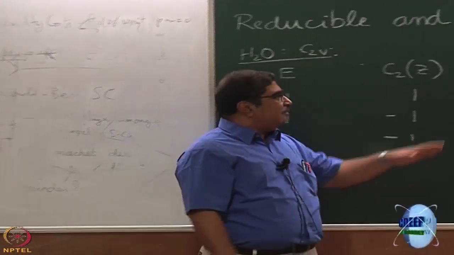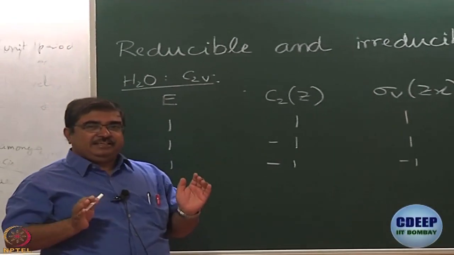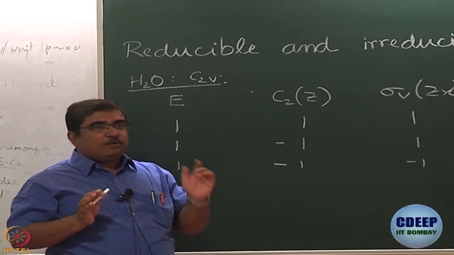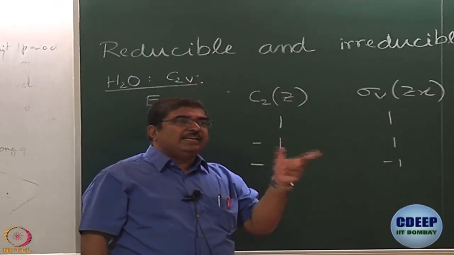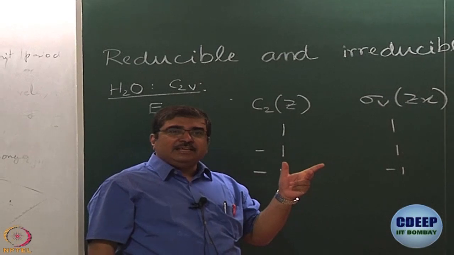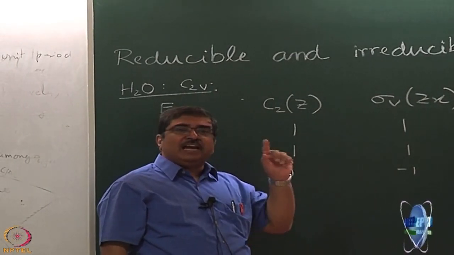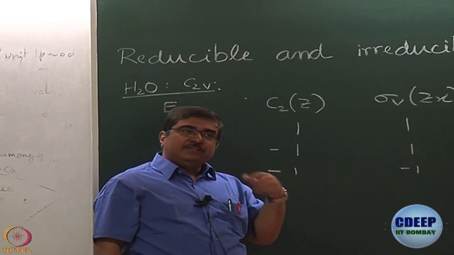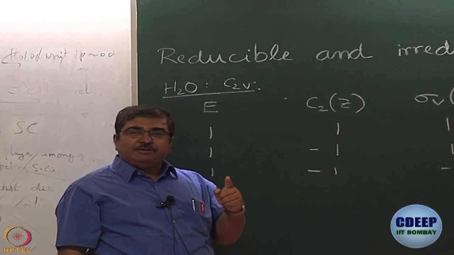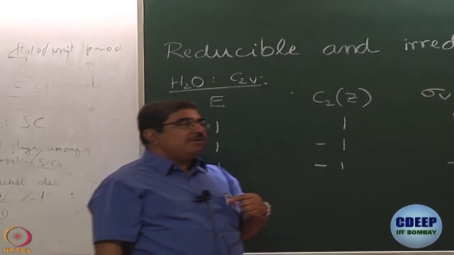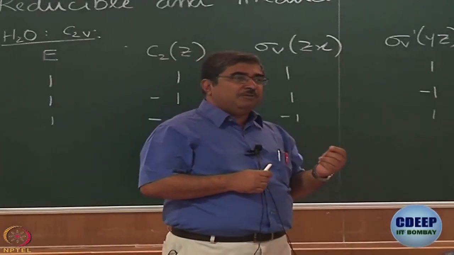For example, when we worked with XYZ, the matrices we got were all 3 by 3, right? But all of them, when we use XYZ coordinates in C2V, turn out to be diagonal. As we said, the diagonal elements stand for the contribution of a coordinate in its transformed form.